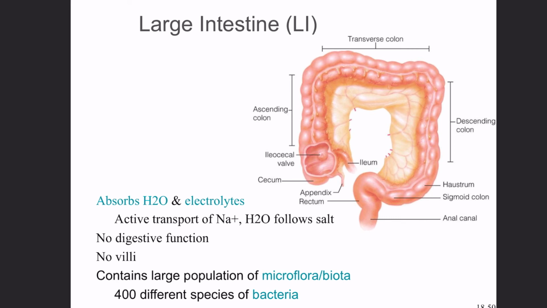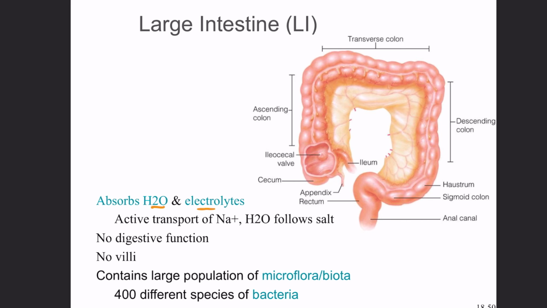And so absorption of nutrients occurs mainly in the small intestine. When the chyme gets to the large intestine, this is pretty much waste. The only things that are absorbed here may be electrolytes and water. Water is still absorbed here.